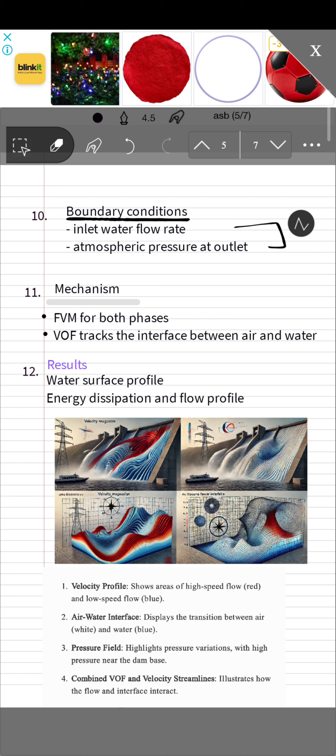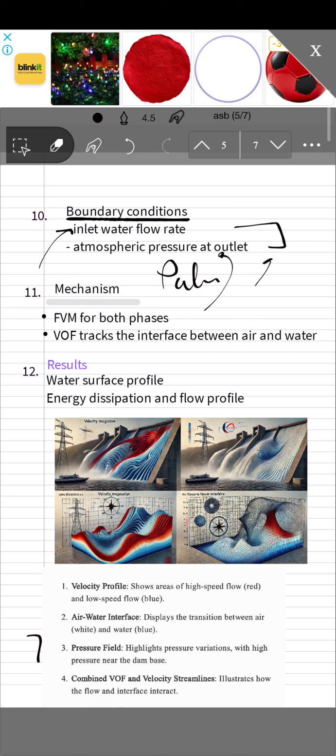One is that the inlet flow rate is constant, and the other is the outlet, where the pressure is atmospheric. These are the two boundary conditions. Okay, now this is the simulated result that we have obtained after putting in all the initial values.